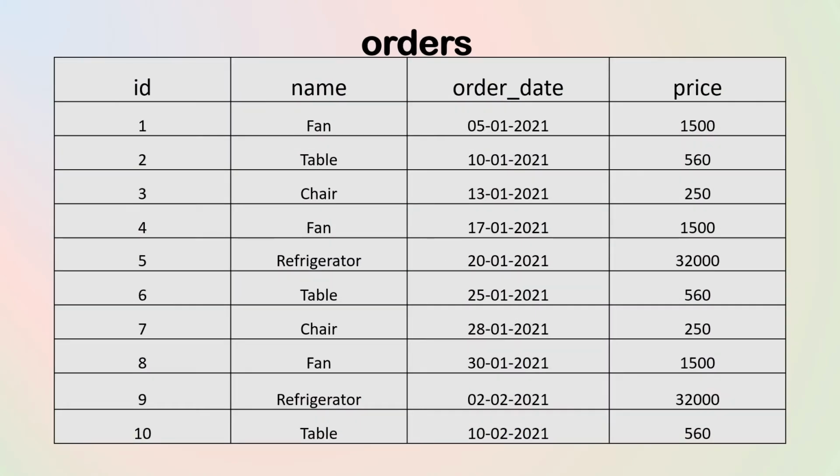Suppose we have an order table in which we have 4 columns: ID, name, order date, and price. If we want to see different items' names from the order table, then we can use this statement. Let's see the query.